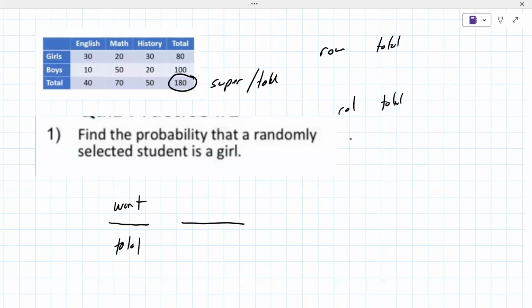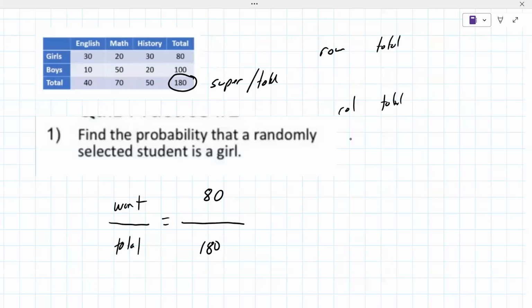But in this problem, it is a super total. So in this case, can you tell me how many girls there are over how many total there are? There's 80 girls and there's 180 students.